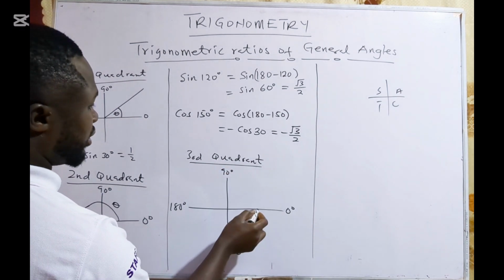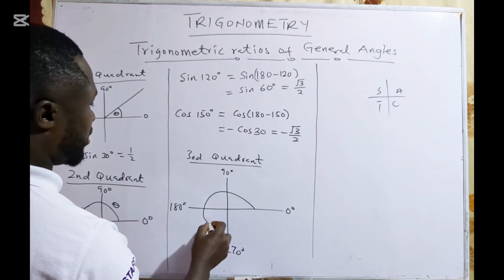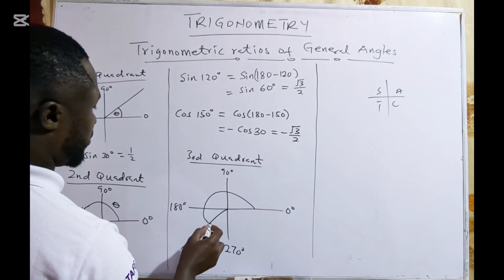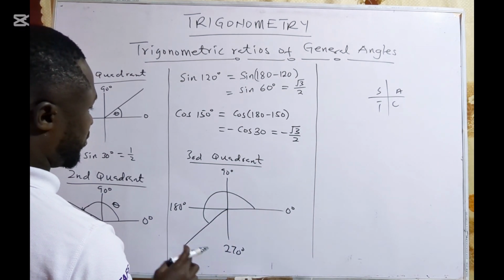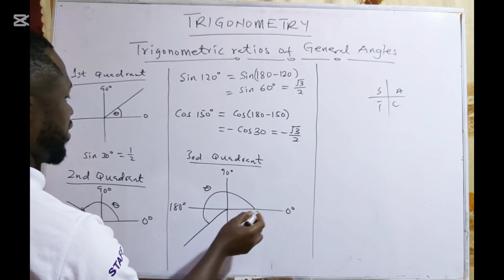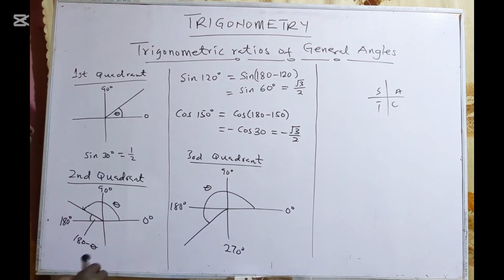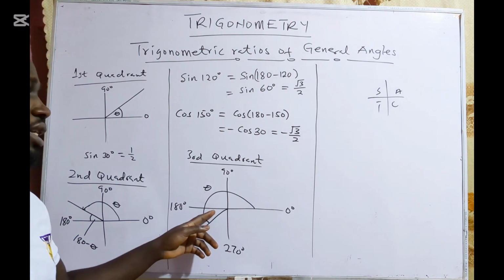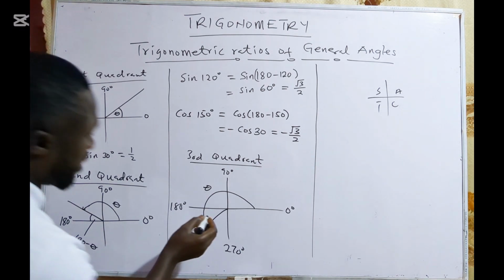I think we are measuring the angle from here. If the angle from here to here is theta, because the angle is between 180 and 270, then I'll find the acute angle on the x-axis, the associated angle on the x-axis here. So my acute angle will be here.